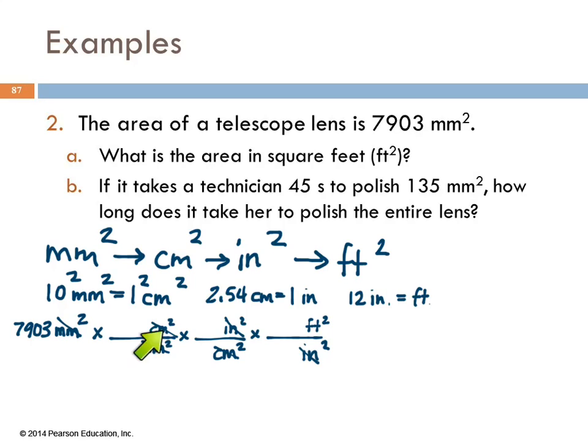In my equation here, I've got square centimeters and square millimeters. So I need to put these numbers in squared as well. What's 10 squared? It's 100. So 100. And what's 1 squared? 1. That's always nice. Here we've got 1 squared, inch squared equals 2.54 squared, centimeter squared.